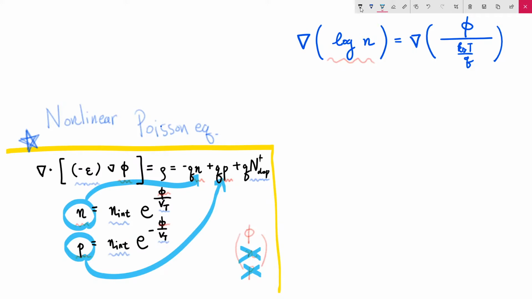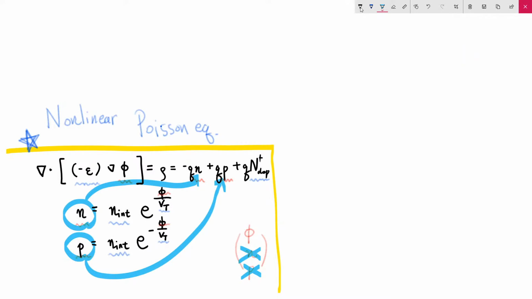So do you have any idea or any question about homework number 10? Then please let me know. Simply speaking, I am just asking you to solve the nonlinear Poisson equation. Actually, not exactly the nonlinear Poisson equation, but one which is equivalent to it. But please keep our unknown variables phi, n and p.